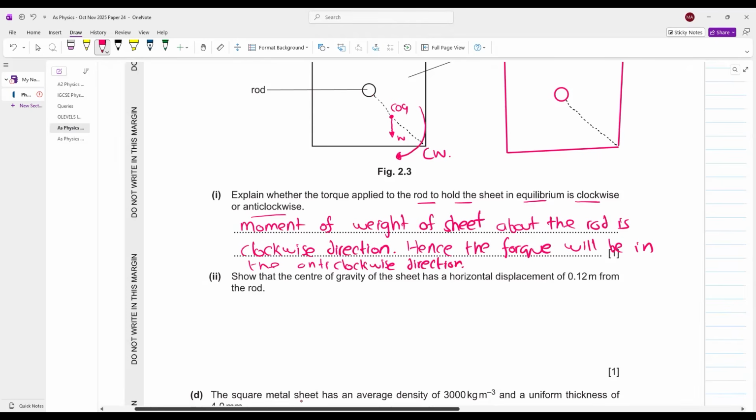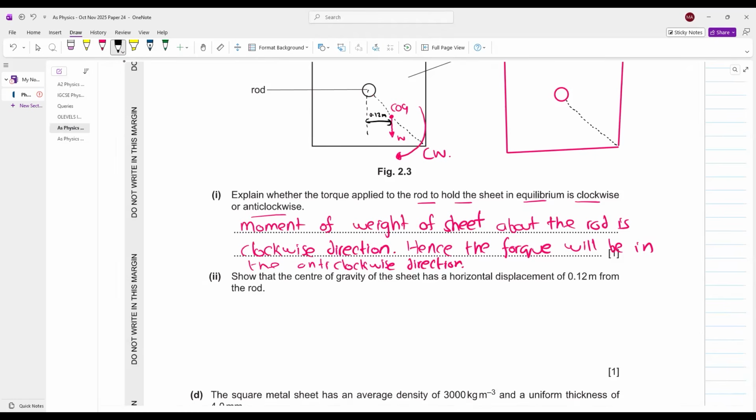Show that the center of gravity of the sheet has a horizontal displacement of 0.12 meter from the rod. अच्छा जी, हमने शो करना है कि the center of gravity has a horizontal displacement of 0.12 meter from the rod. बेटा द सेंटर ऑफ ग्रेविटी पे जो वेट लग रहा है, this has a horizontal displacement of 0.12 meter from the rod.